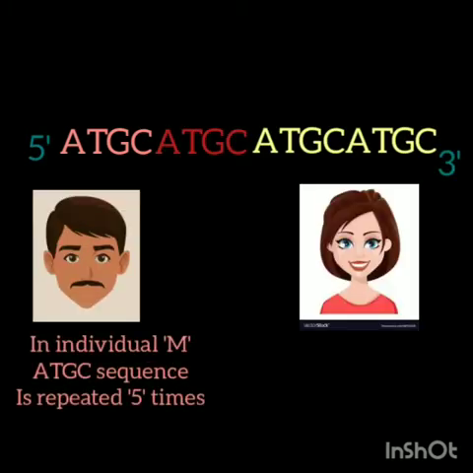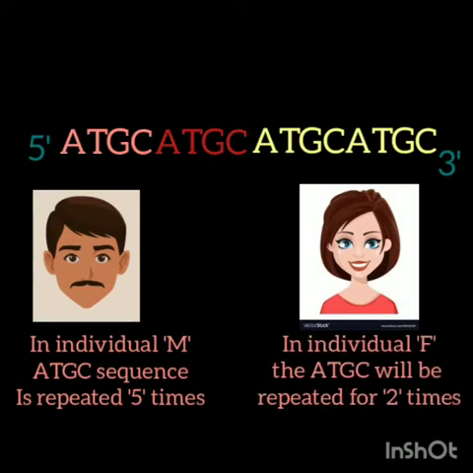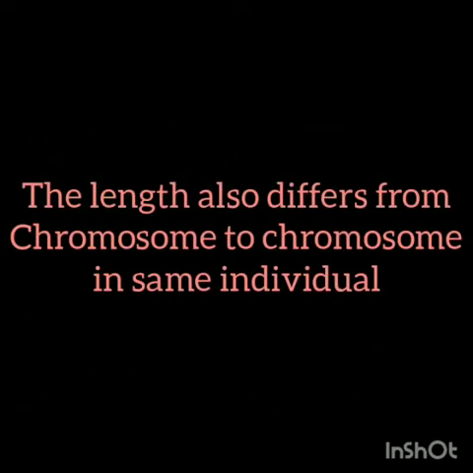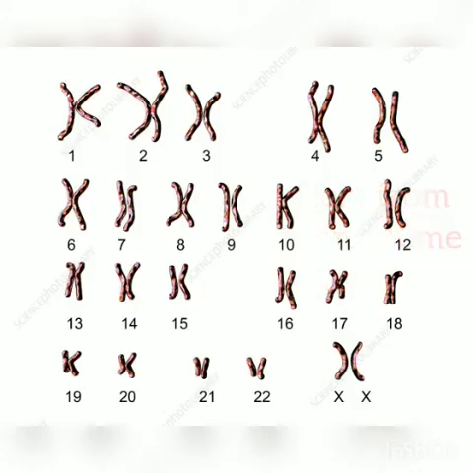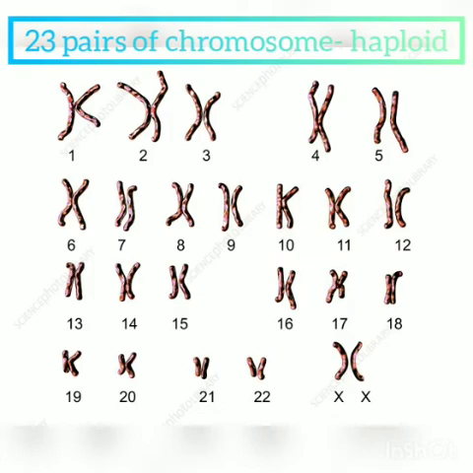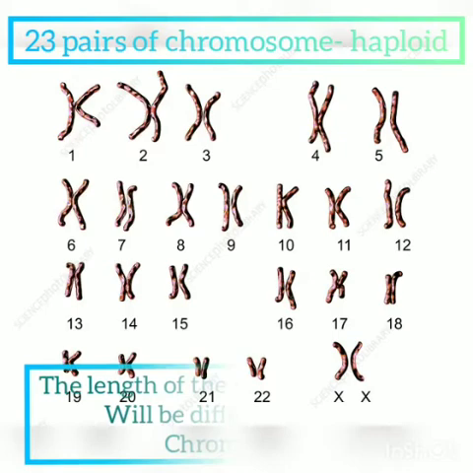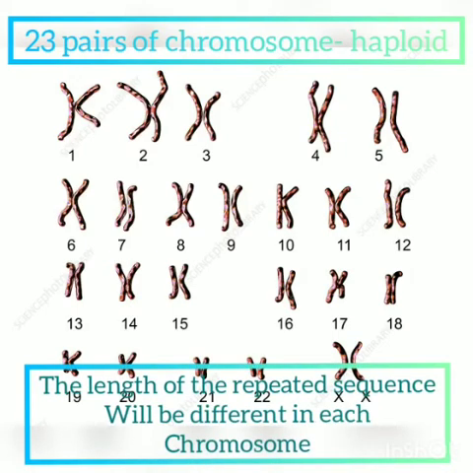Now, the length of this sequence will be different in different individuals, and in the same individual different in every cell and chromosome. Now students, we know we have 23 pairs of chromosomes, that is a total of 46 chromosomes, and these repeated sequences or satellite DNA are different in each of these chromosomes.